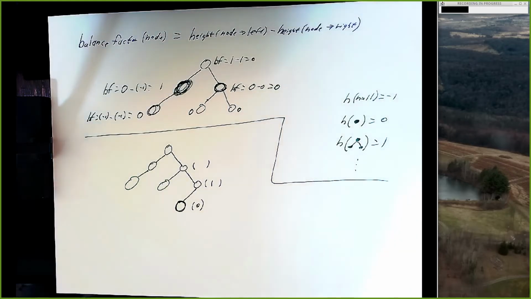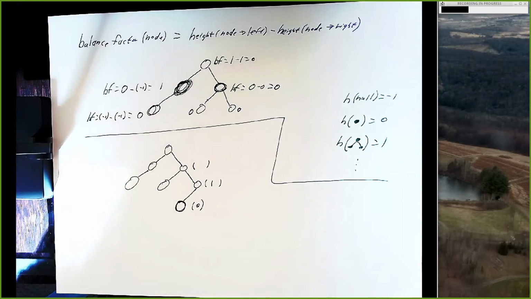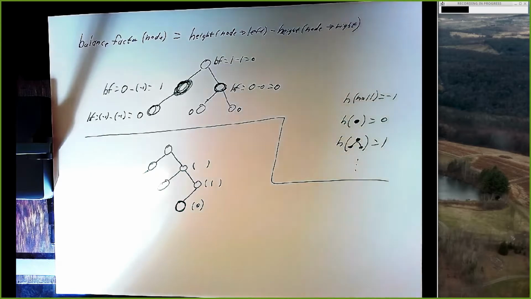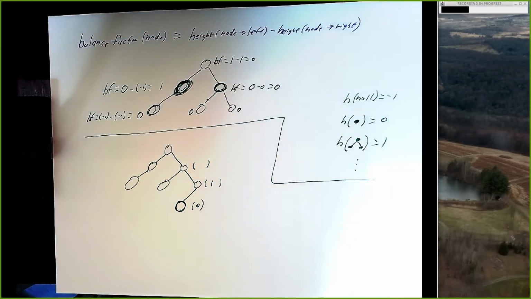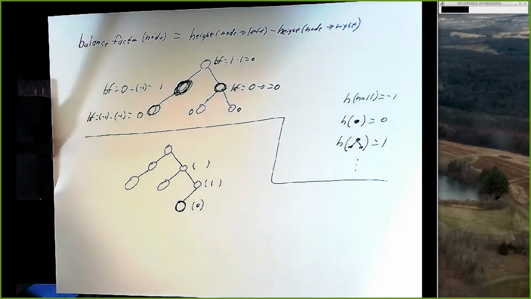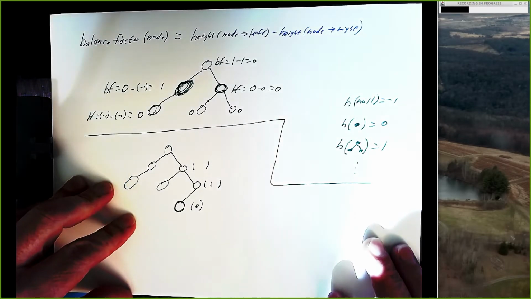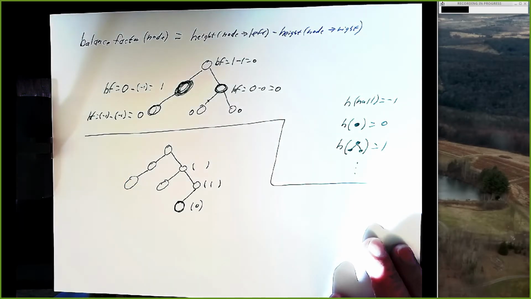-2. So how do we get that? You got -1 on the left. Hold on. I think it would be 1, right? 1 on the left subtree, -2 on the right subtree.